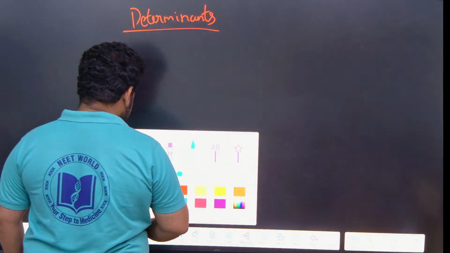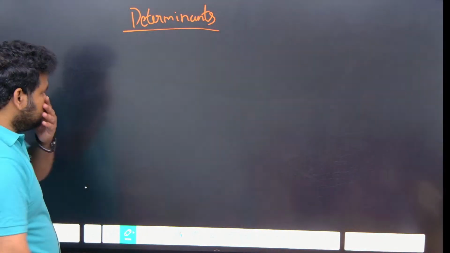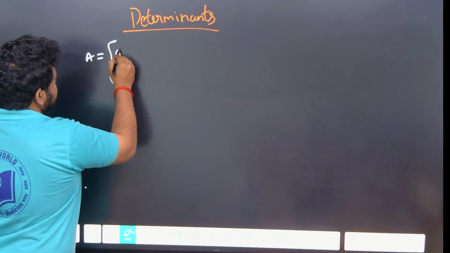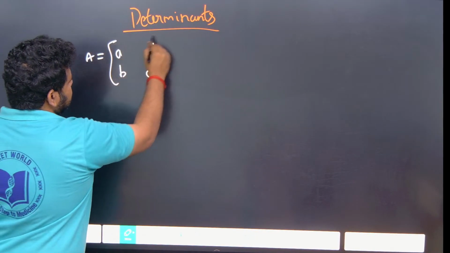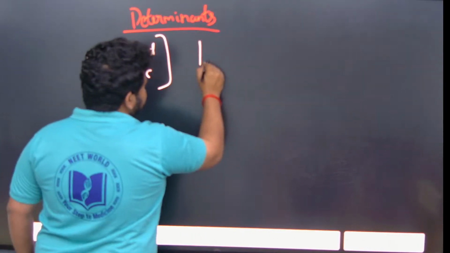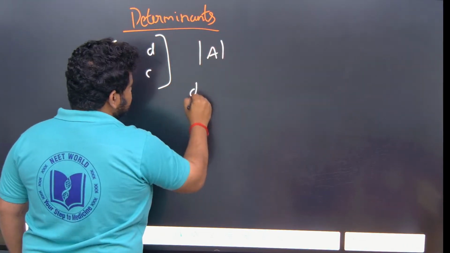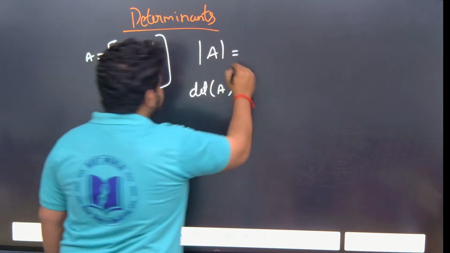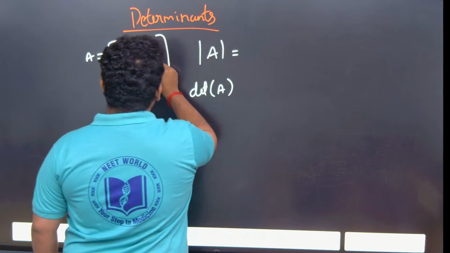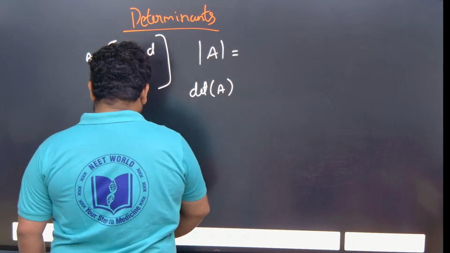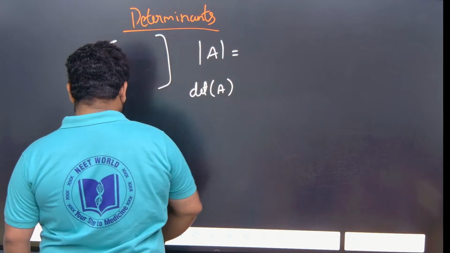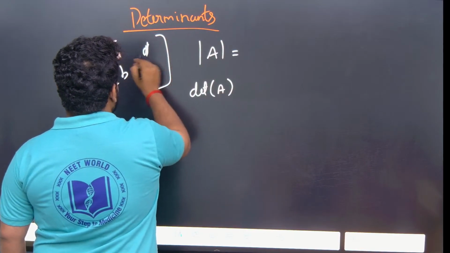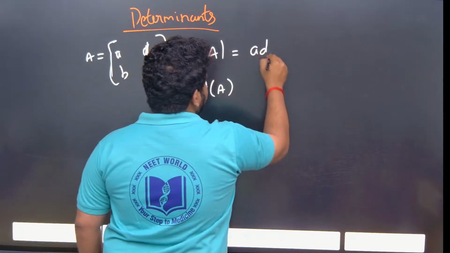Determinants. Suppose a matrix A is given like this, with entries A, B, C, D. The determinant of A is represented like this, or you can write it as det of A. For the 2 cross 2 matrix with A B in the first row and C D in the second, the determinant will be AD minus BC.